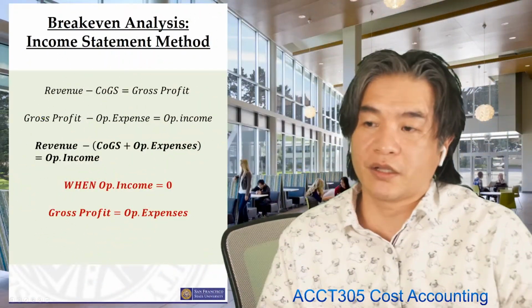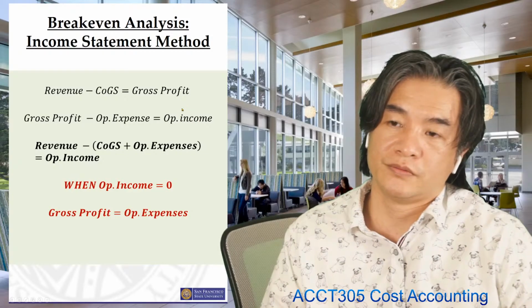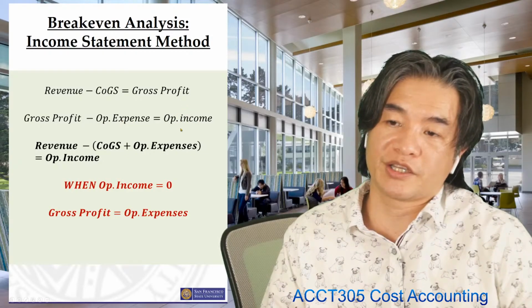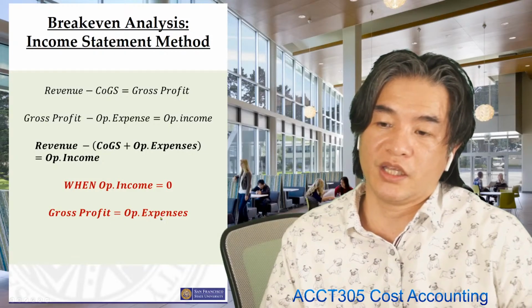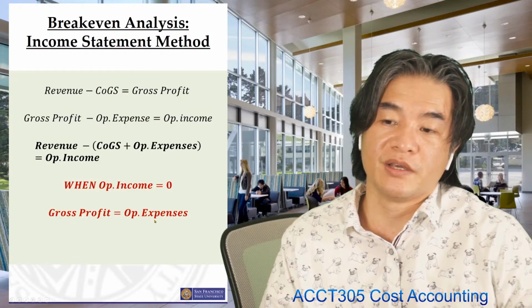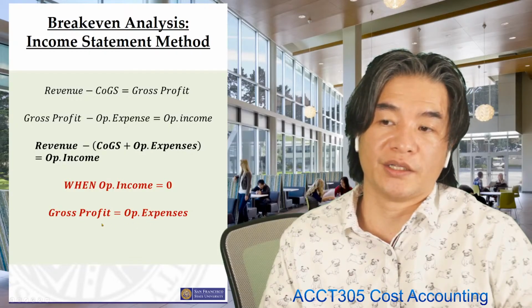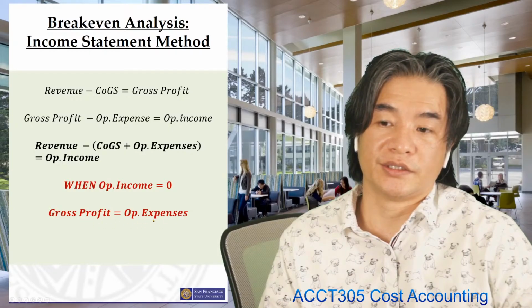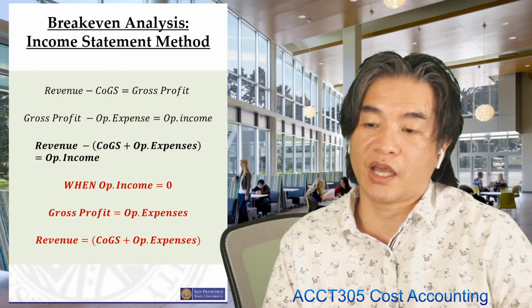Okay, so take a look at the second line here. If we say operating income is 0, right? You move operating expenses over to this side of the equation, you will get gross profit equals operating expenses. So what does this mean actually? That means at this point we have break even.